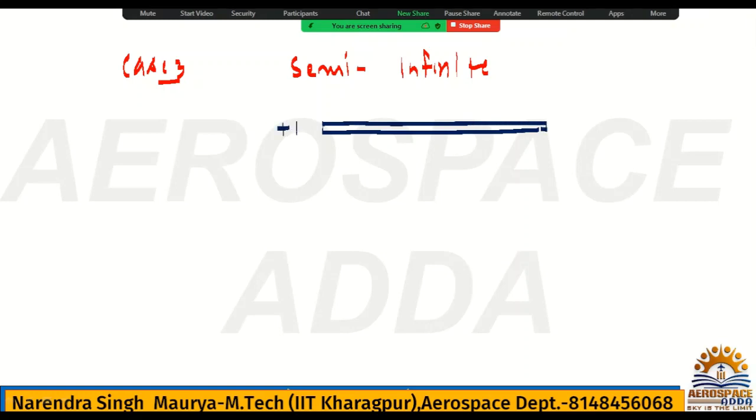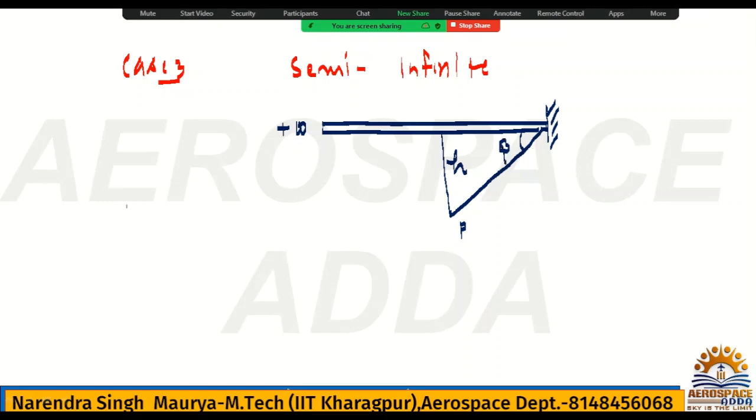This side it is plus infinite, but at this point it is going to terminate. Yes or no? So this diagram will be for the semi-infinite. This is point P. Here it is going to terminate. So you may have this angle.